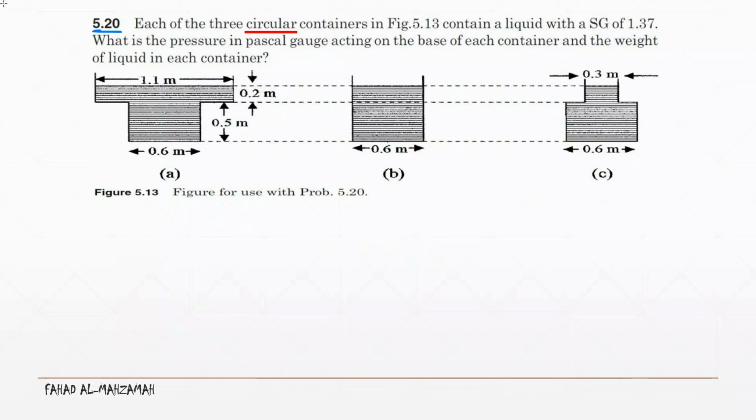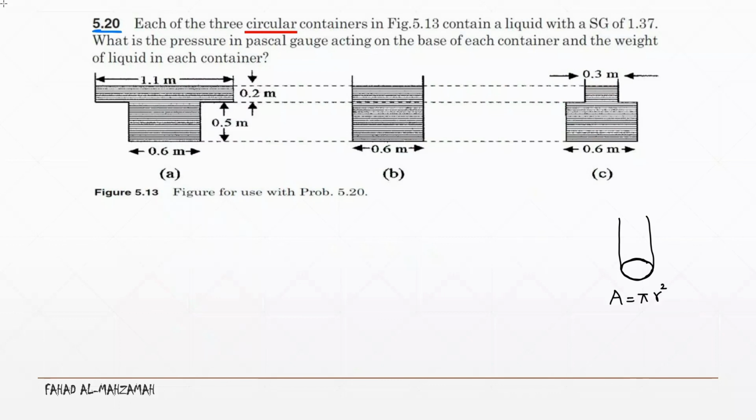When he said like this, it means the container has a base of circle. Okay, so it's like this. The container is like this. So this base, if you want to find the area of this base, since it's circle, we know the area of circle is pi times the radius square.